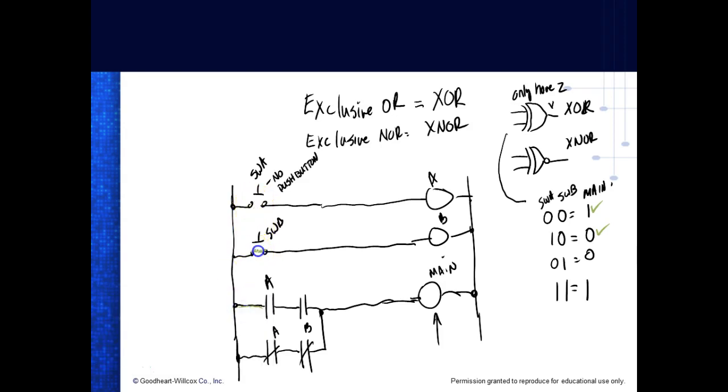Now come up, close this contact right here. And that would cause this contact to open. This contact right here would close. But there's still no path, right? Okay, so that satisfies that right there.